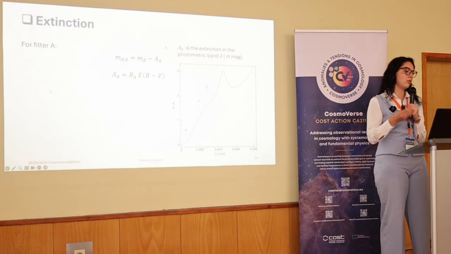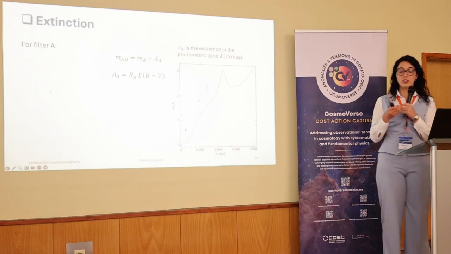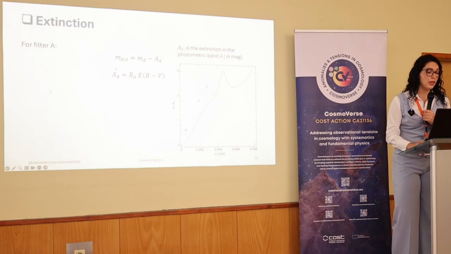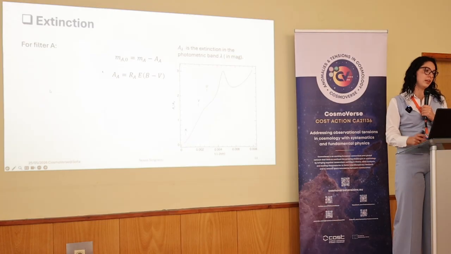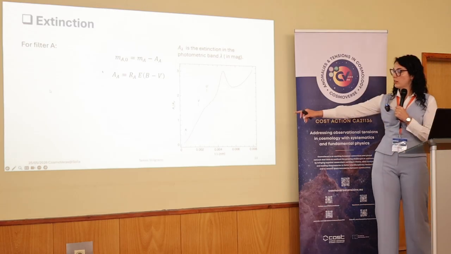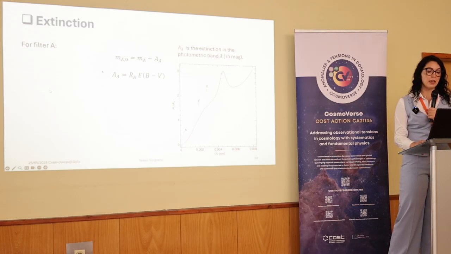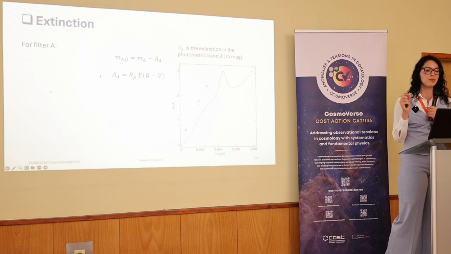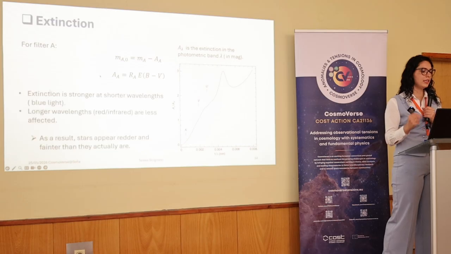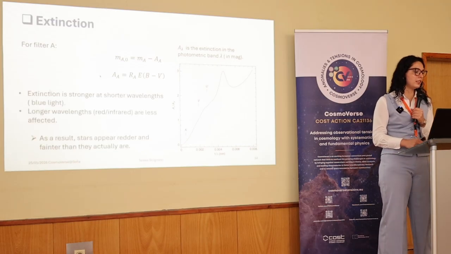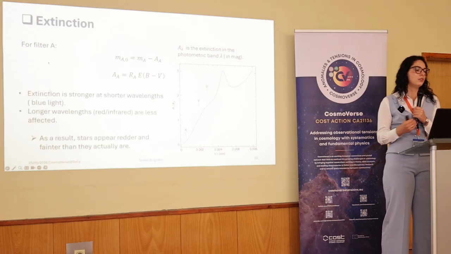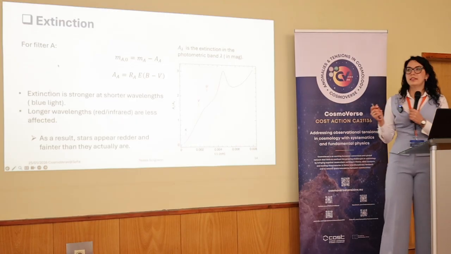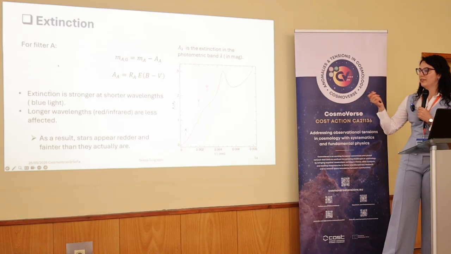But nowadays we have more instruments, and for this reason, because of the shape of this curve, we observe Cepheids in the infrared band. It's because, as you can see here, extinction is very small and will affect our results less. Indeed, extinction is stronger going to the blue, and red and infrared are less affected.